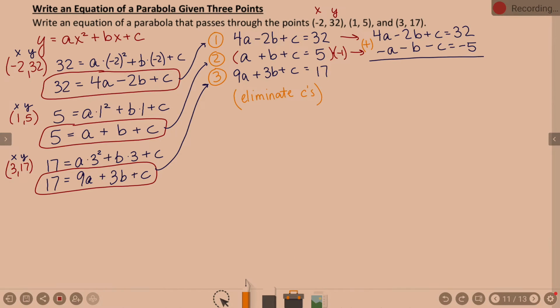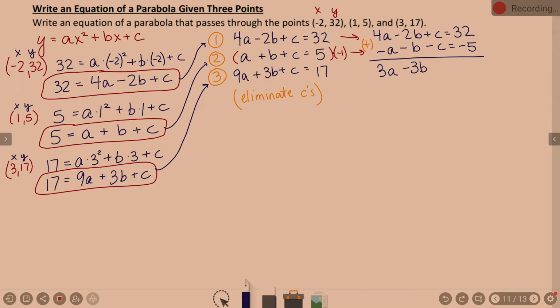My c's have opposite signs, so of course I am adding them, correct? So if I add them, let's see, what do we have? 4a plus negative a is 3a. Negative 2b plus negative b is minus 3b.